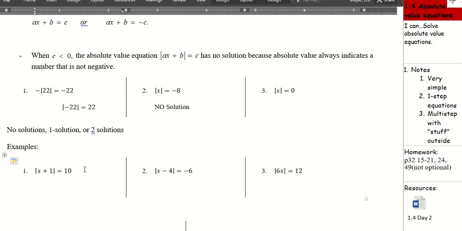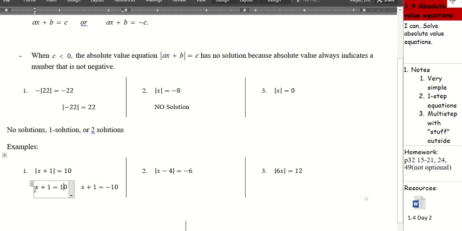My first one is just like it's written: x plus 1 equals 10. The other one is x plus 1 equals negative 10.